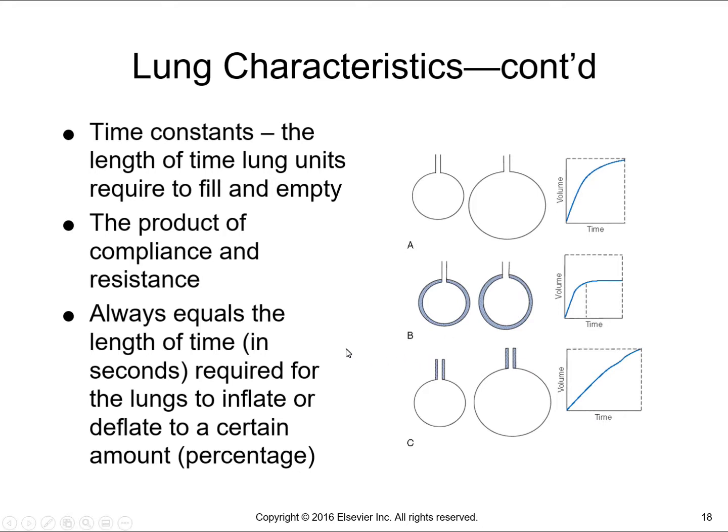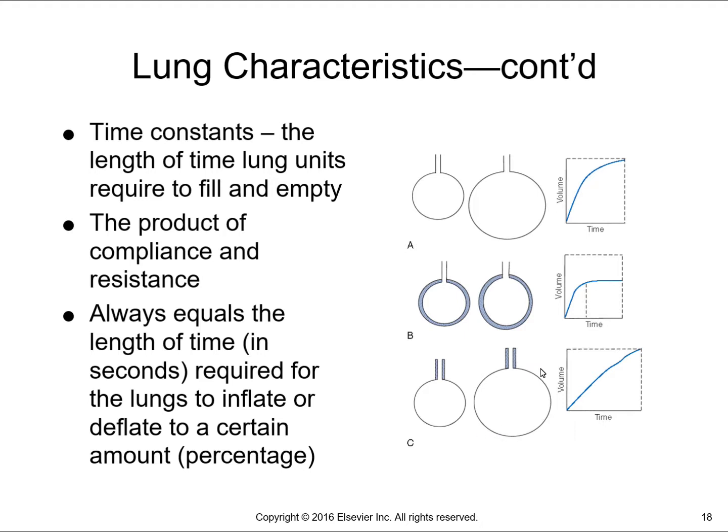Also, if you have airways that are much narrower, it's going to take more time to fill the lung units. Let's say I have swelling in the bronchioles, or I might have some boogers, as some people say instead of mucus.